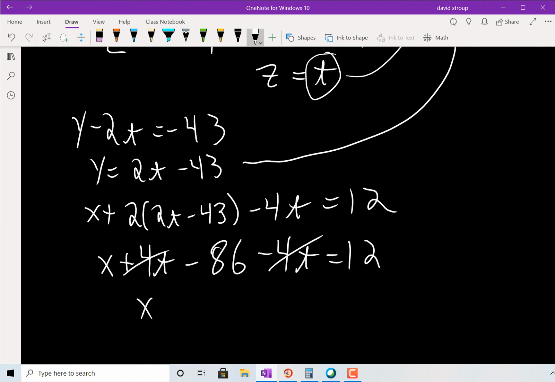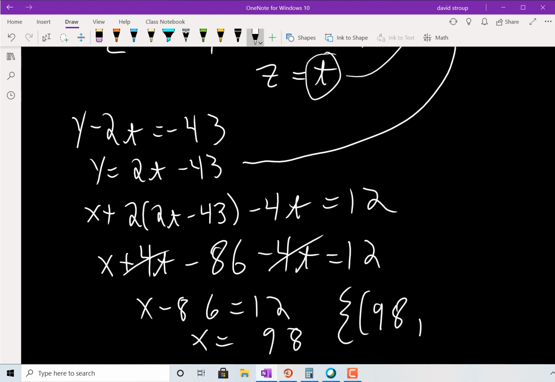The t's cancel. x minus 86 is 12, so x must be 98. Our final solution is 98, 2t minus 43, t. That'll about do it.